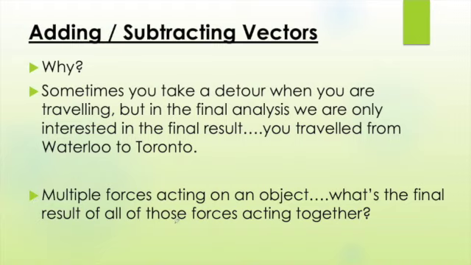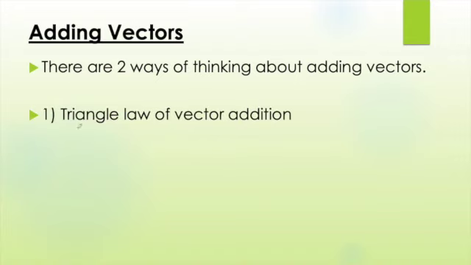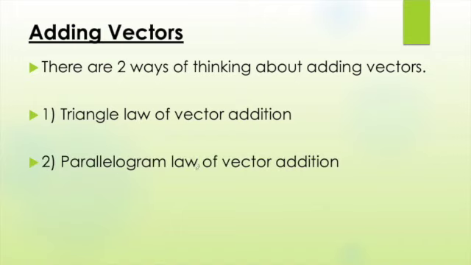The final result, okay? So for adding vectors, there are two ways of thinking about adding vectors. They are almost essentially the same. One is called your triangle method, or your triangle law of vector addition. The other is called your parallelogram law of vector addition, or your parallelogram method.